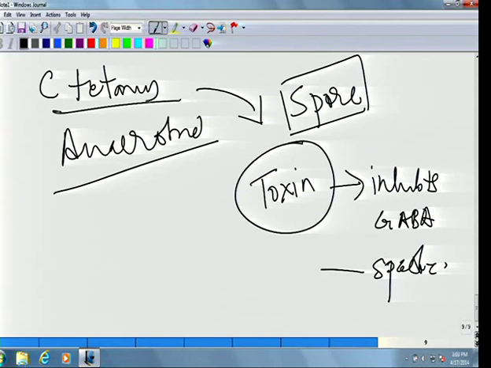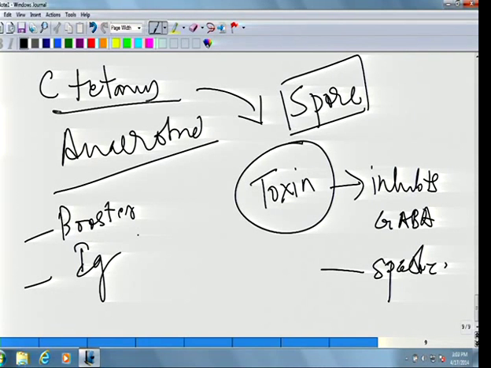Okay, so in tetanus, this is what you need to know: when to give a booster, when to give an immunoglobulin. Immunoglobulin is given to someone who has never taken a vaccination.